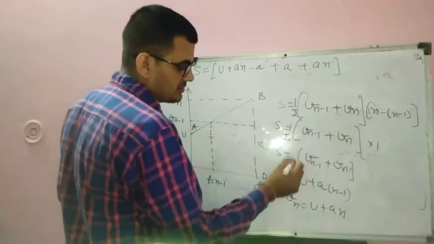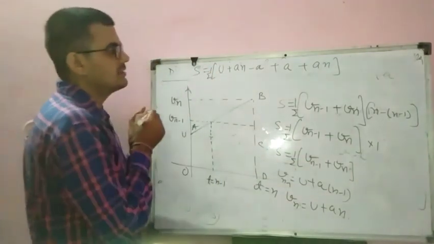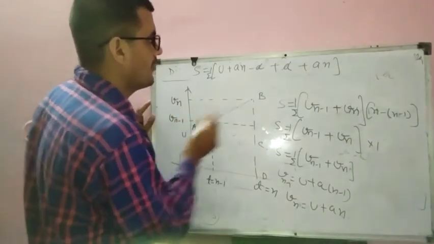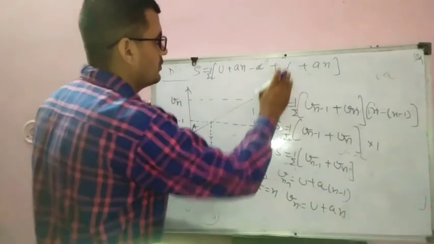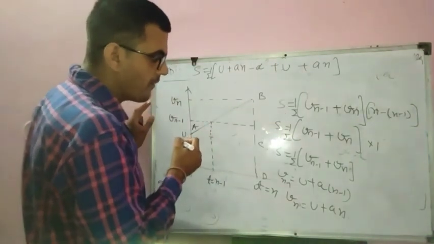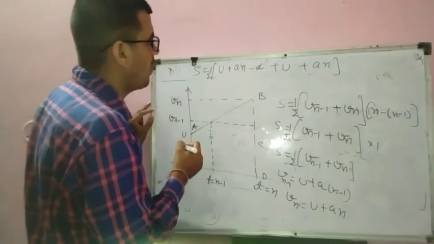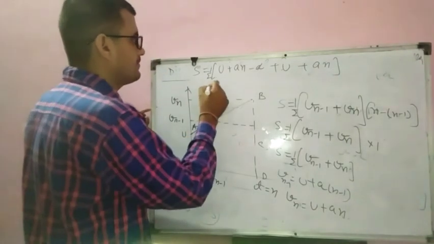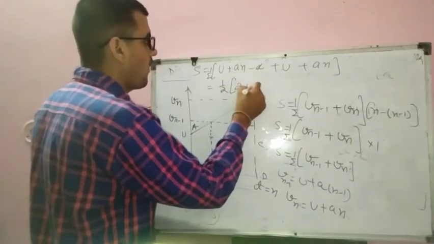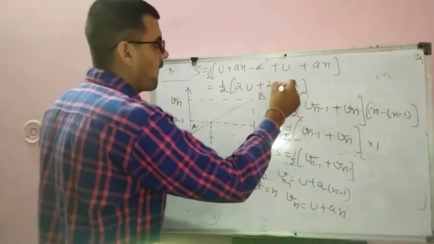Sorry, a little mistake in this, no problem, these are general mistakes. So 1 by 2 times (2u plus 2an minus a).